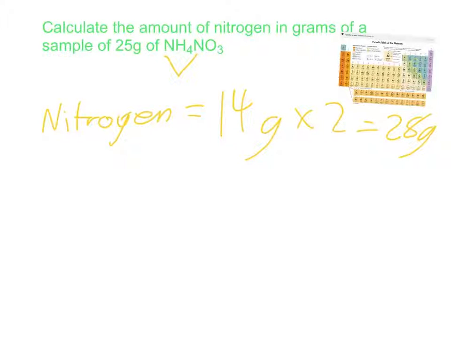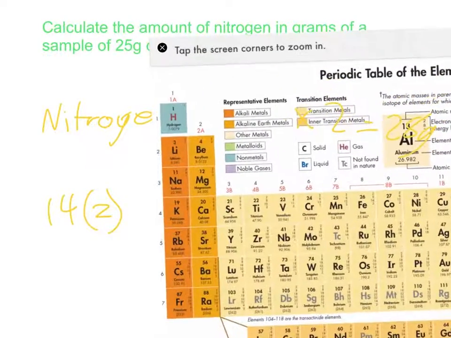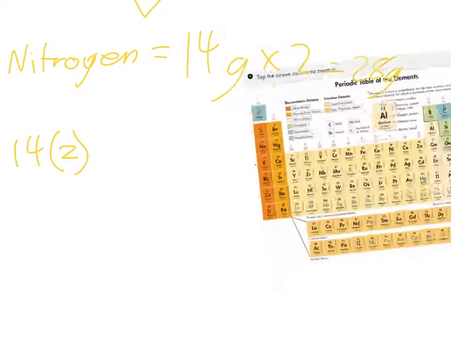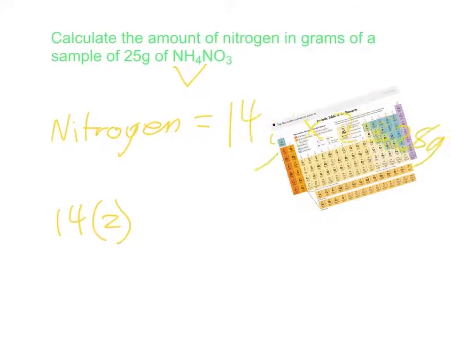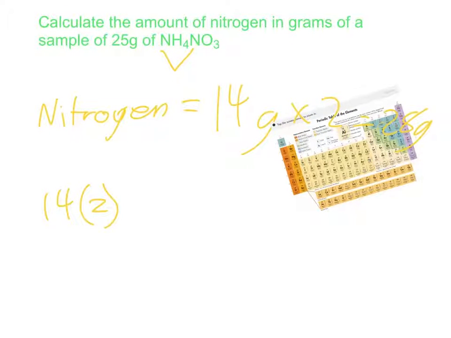So we know nitrogen, there's 2 of them, so we have 14 times 2. Hydrogen is equal to 1, so we do plus 1, and then there's 4, so times 4.